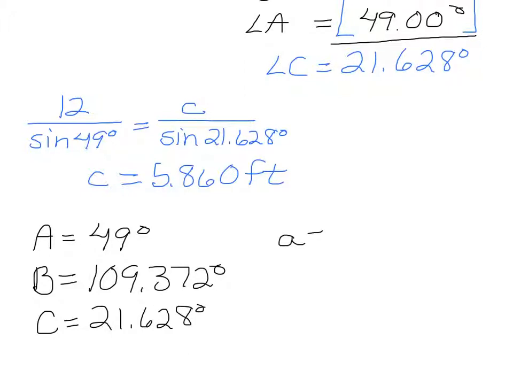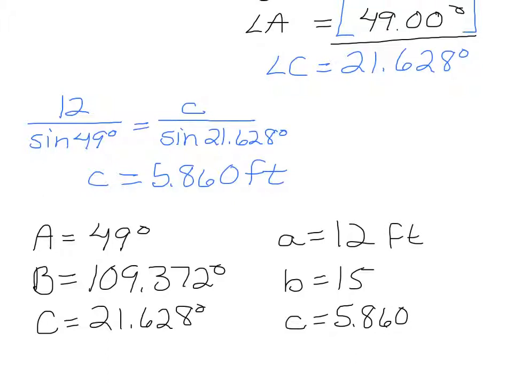So side A still is 12, side B has to be 15, but now side C is 5.860 feet. These are all feet. Okay, reasonableness test. This time, smallest angle, smallest side. Largest angle, largest side, medium angle, medium side.